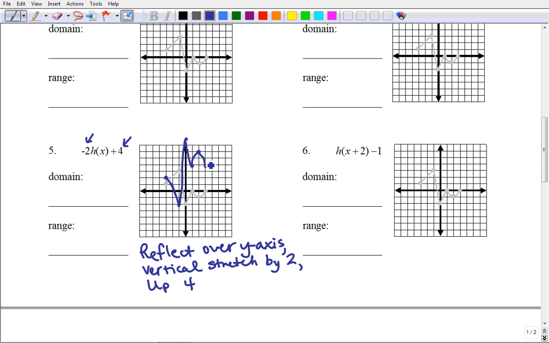Okay, so for the domain, I said that we're going to do the odd problems in set builder notation. So we have the set of all x's where, so our smallest x value is -3, and we're including that point because it's a closed point, so it's less than or equal to x is less than or equal to our largest x value, which is 1, 2, 3.